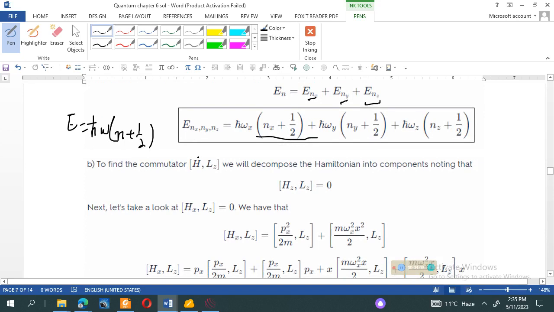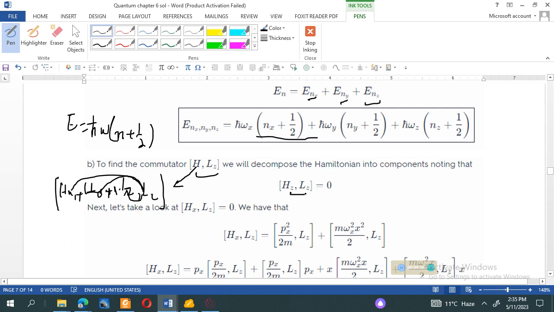To find the commutator of H and Lz, we will decompose the Hamiltonian into components, because we know that H consists of Hx, Hy, and Hz. So let's try one by one. This is Hx plus Hy plus Hz. So if we want to find the commutation, first this will go with this, then Hy with Lz, and then Hz with Lz.